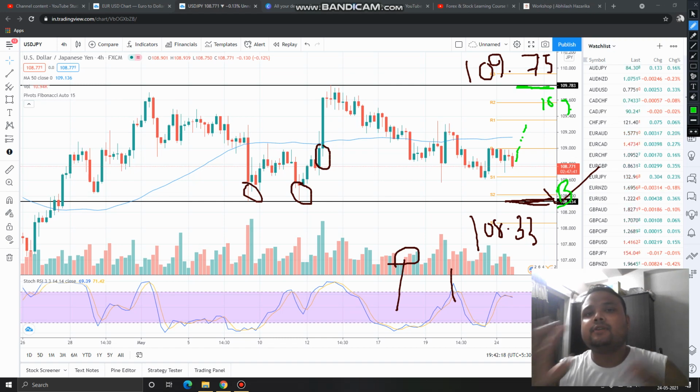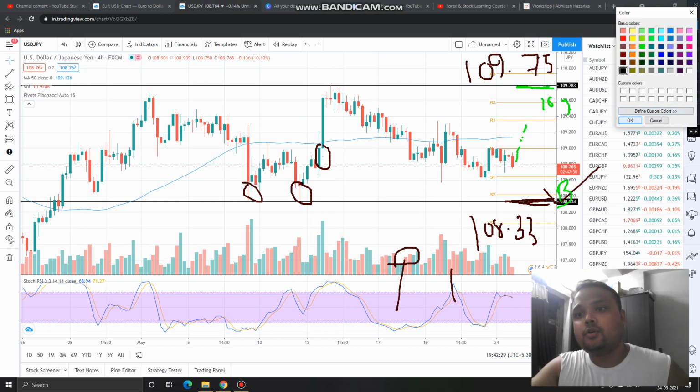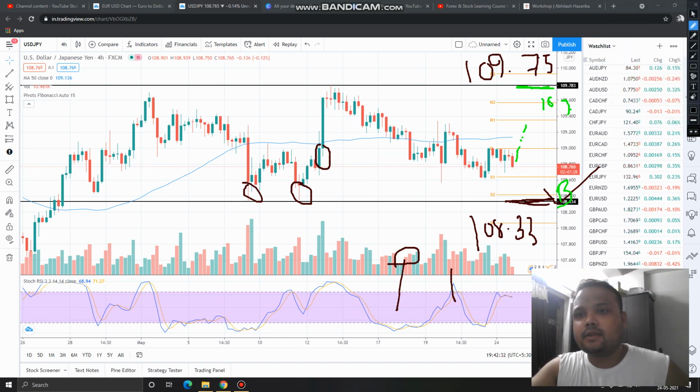If you see that price is struggling, the candles are trembling, it is suffocating, and it is about to reverse, you'll get a confirmation in the form of a shooting star, price rejection from above, or red candles like this. Once you get confirmation that 109.7 is still a valid resistance, then you can short the market at this resistance.